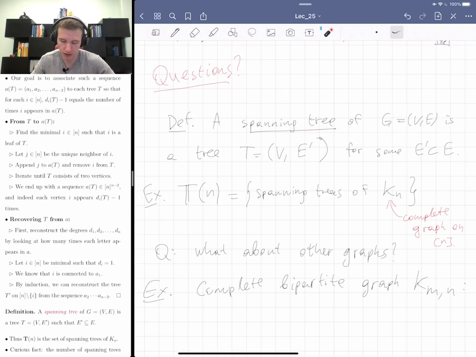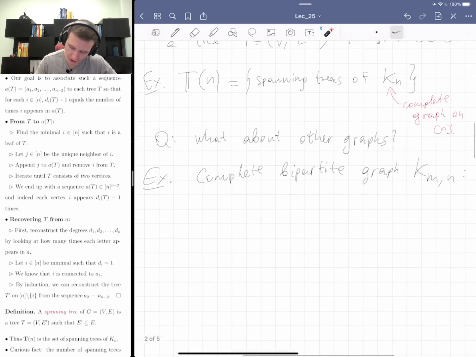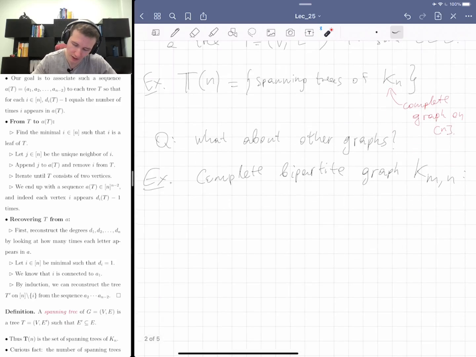So a graph is given by specifying a set of vertices and a set of edges. So I require the set of vertices to be the same. Does that answer the question? Yeah, let's try. I think you're going to see it in an example. Okay, let's try to do an example. Maybe K22. Let me draw K22.